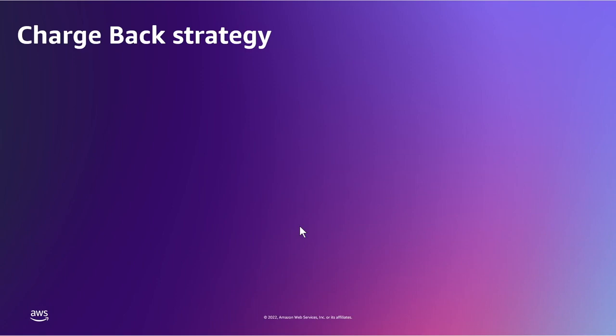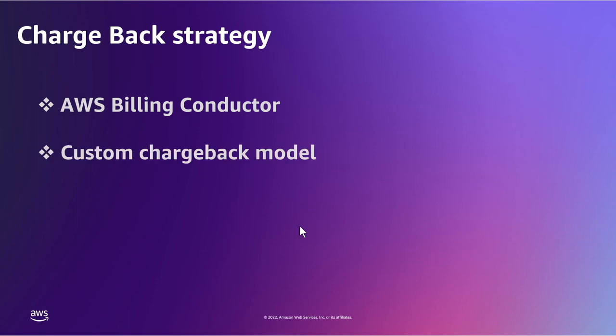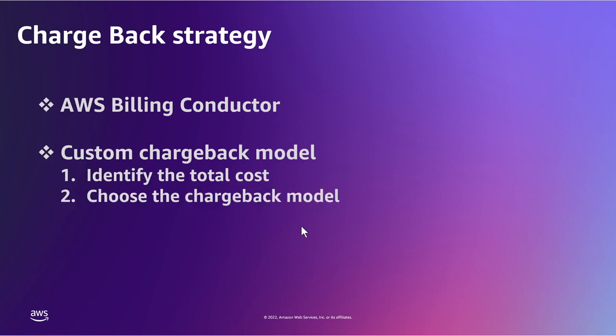Now, in order for you to have a good chargeback model, you would obviously need to know how you spend and where you spend. AWS gives you a few options to establish a good chargeback model. One of them is called AWS Billing Conductor. It enables you to create custom pricing plans, assign the pricing plans to a billing group, and monitor the total cost of usage. There are a couple of other ways also. You can do a custom chargeback model. Again, you identify the total cost and then choose the chargeback model.